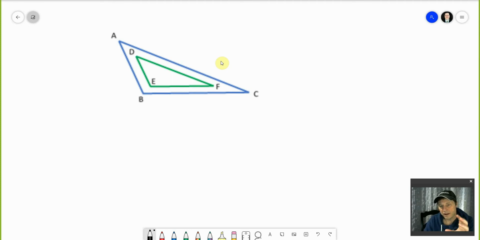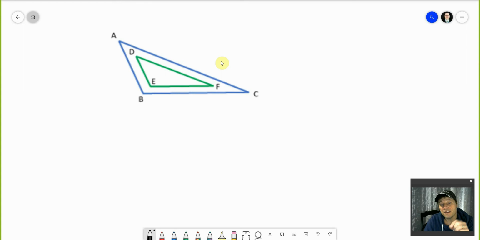When we refer to triangles being similar, you could say that the triangles are the same. The wording is just not accurate, because really this green triangle and this blue triangle don't exist in the same space. So they're not the same triangle, they're individual triangles. So we call them similar.